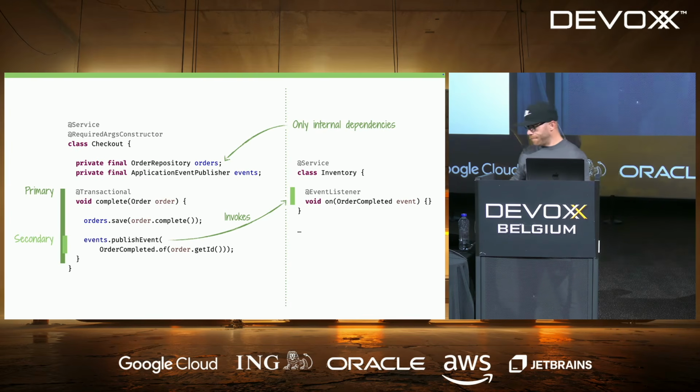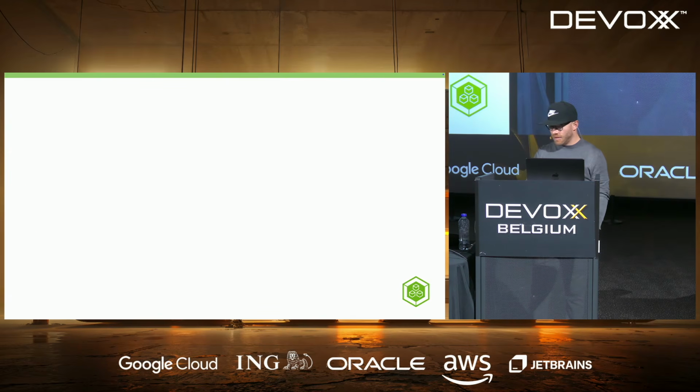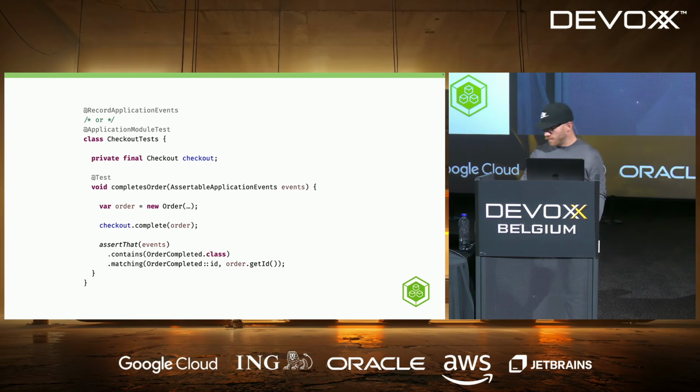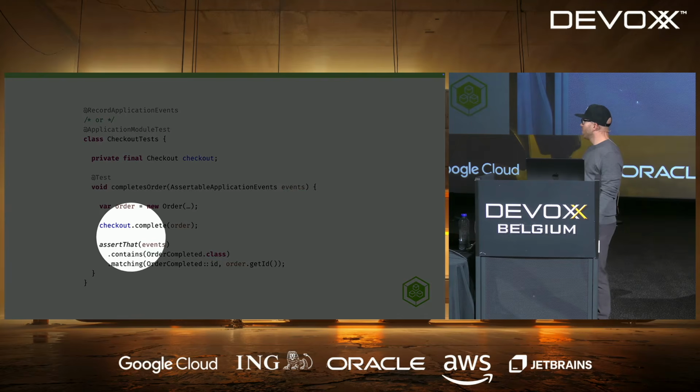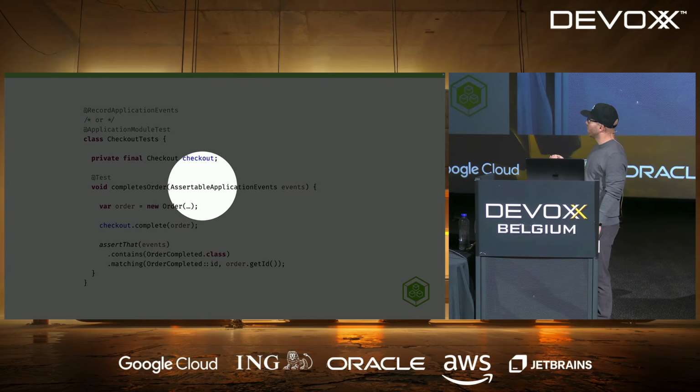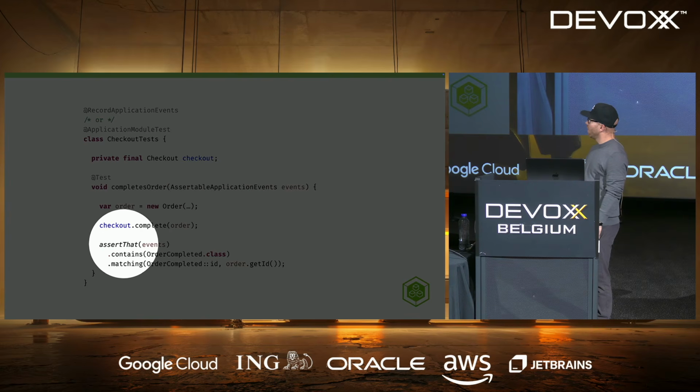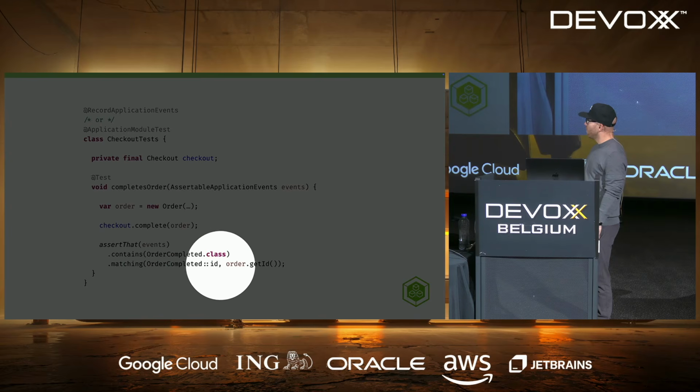But it has an interesting effect on the way we test this stuff. We're now not testing for orchestration anymore. Once we invoke the method, given-when-then, we expect that assertable application events has an event called order completed that matches some criteria.